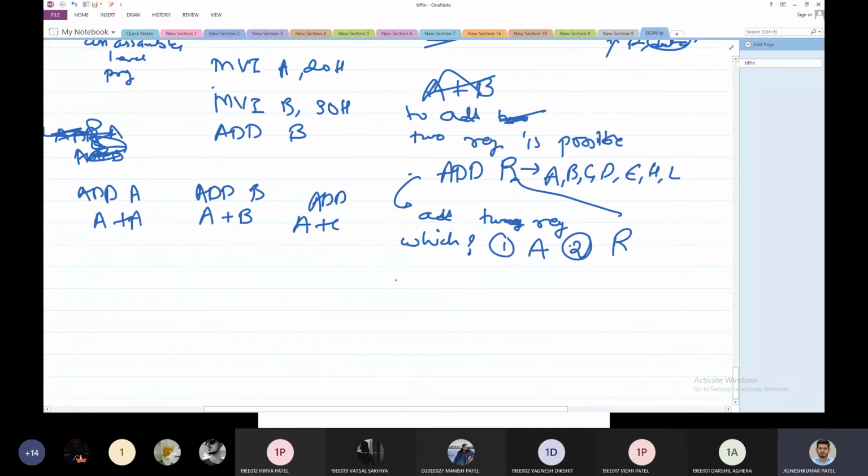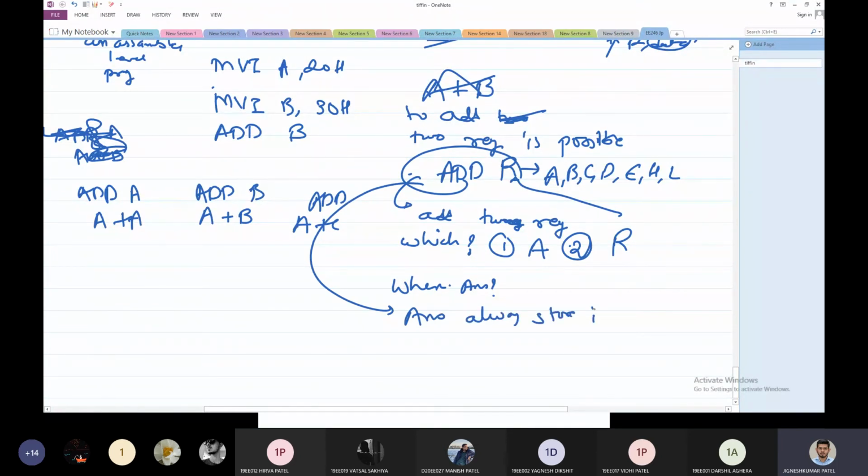Now next question, where is the answer? Once you execute this ADD instruction, the answer is always stored in A. So whatever the answer is, it will always be stored in register A. So the answer of 20 plus 30, that is 50, would always be stored in register A. That means the register A content will change from 20 and become 20 plus 30, that is 50.